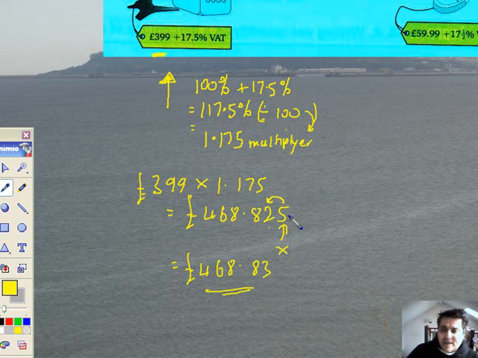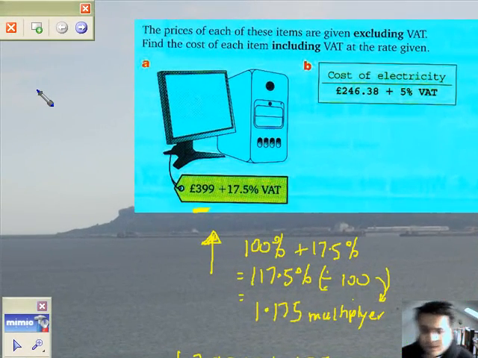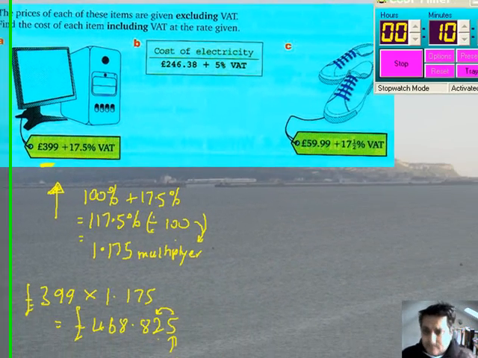That would get you marks in an exam, because it shows you understand how money works. 100 pennies to the pound, therefore we can't have that halfpenny sitting there. It doesn't exist anymore. If you remember the halfpennies, I certainly do. So there we go, £468.83.